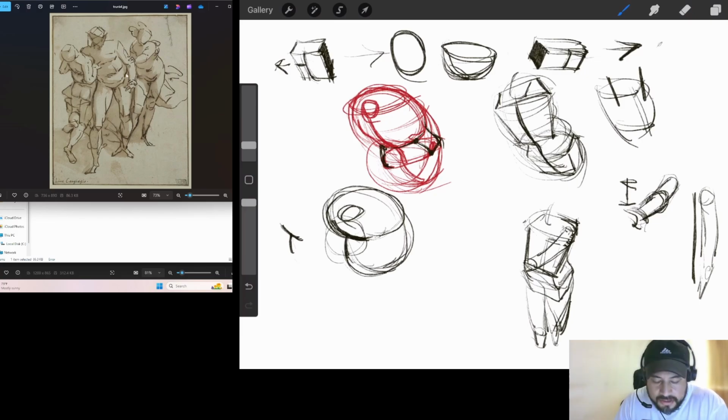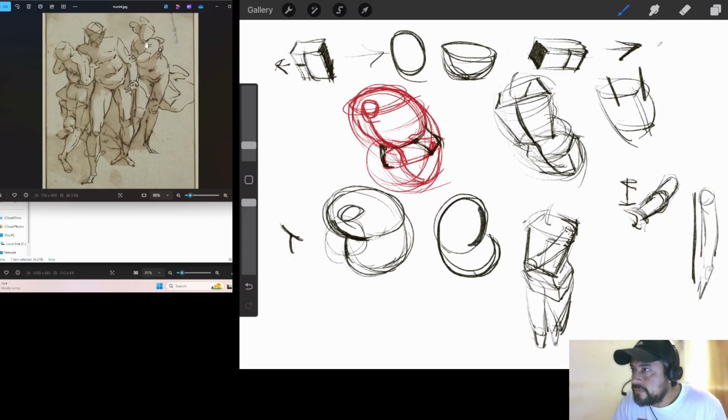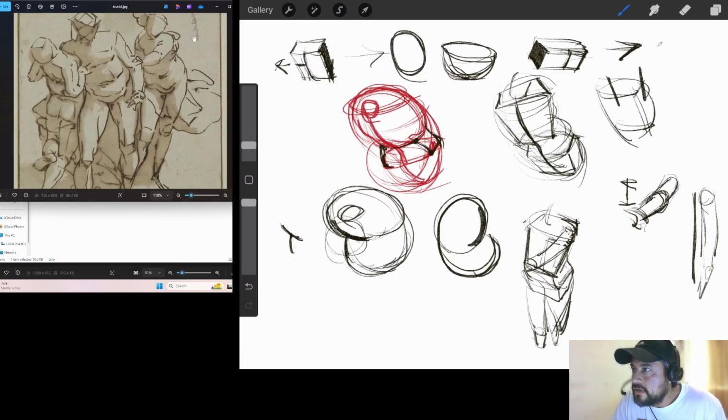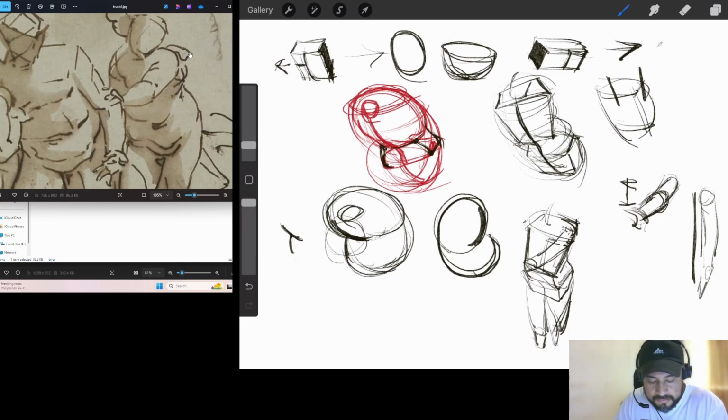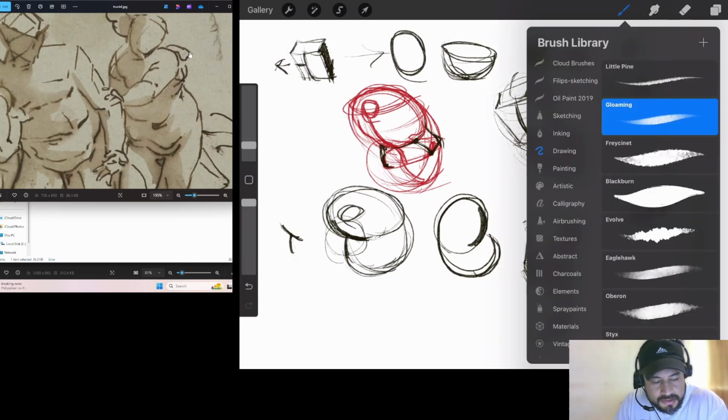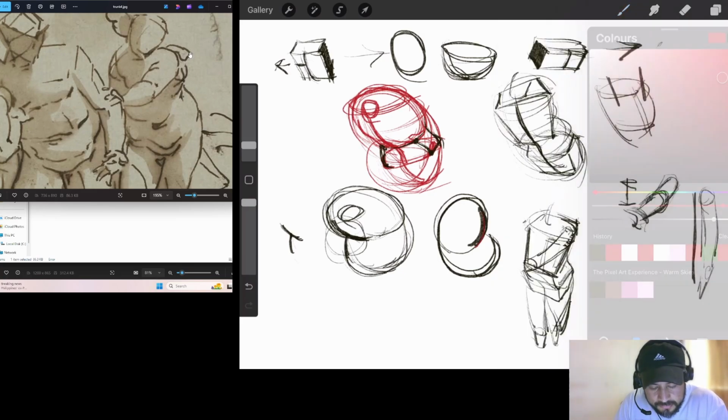Now, if I draw that as an abstract shape like this, I can go in a bit closer. This bit here is in front of the bottom bit there.